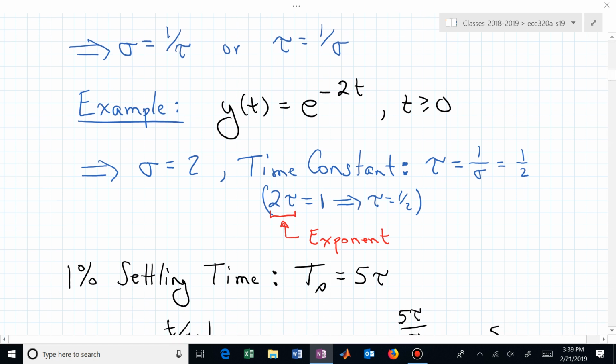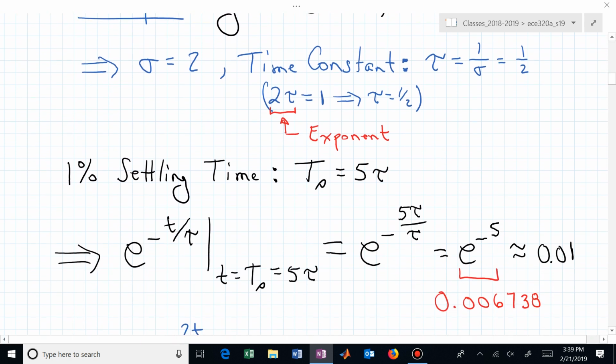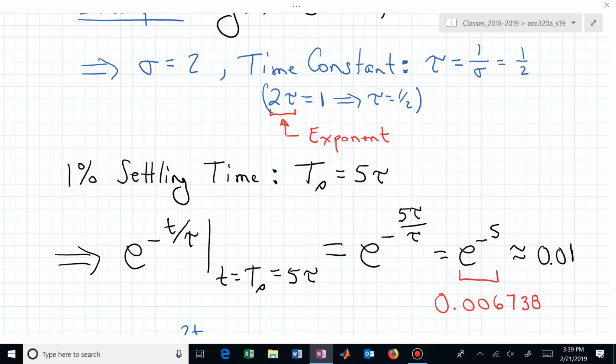You might hear us, and we'll be doing this probably before exam number 2, so I want to get us thinking that way. The 1% settling time: if you initialized a capacitor, let's say, and you asked when is it going to be 1% of its starting value? Well, that will occur after 5 time constants in, let's say, an RC circuit.